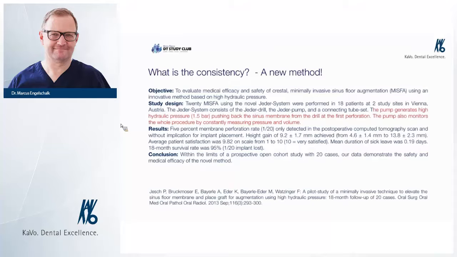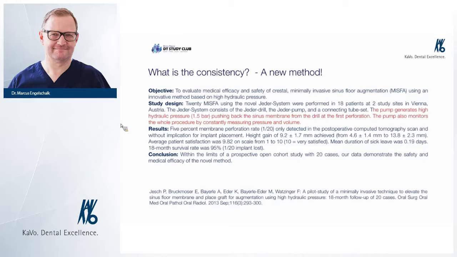And if we have this chamber under pressure, then we start with a burr to go forward in the direction of the sinus. If we perforate the bone just a little bit with a special burr, then by the pressure, the liquid will go into the sinus underneath the membrane.